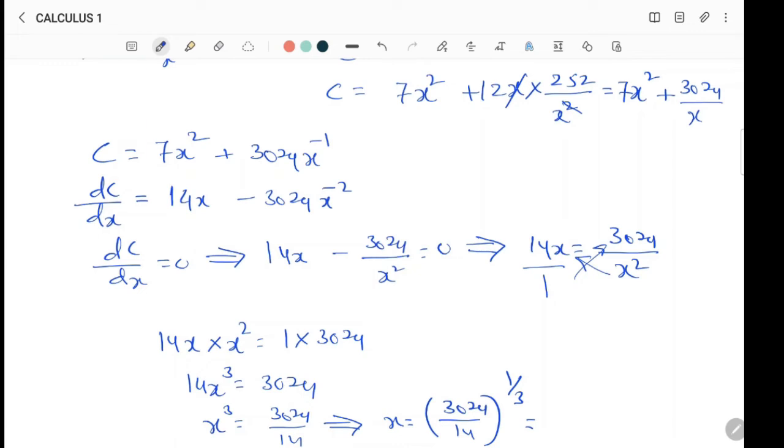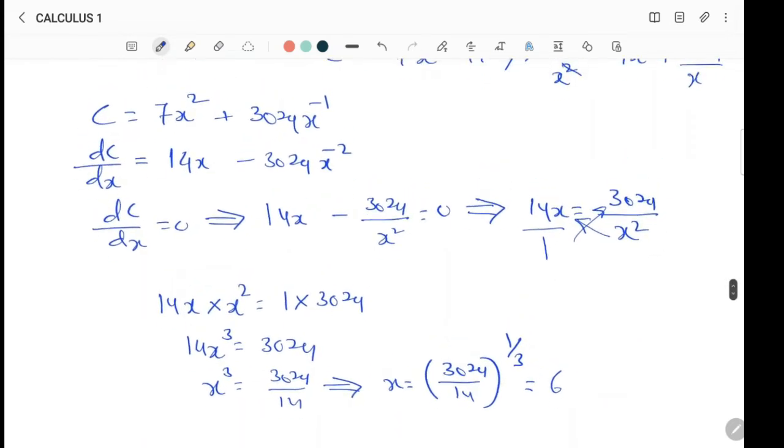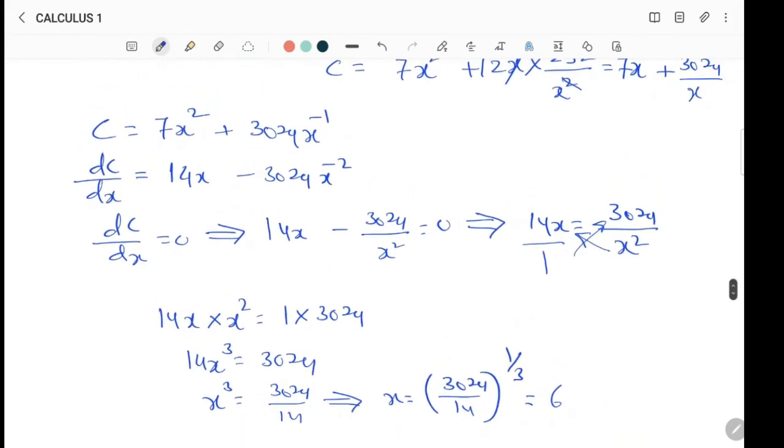Okay, now let's do 3024 over 14 to the power 1 over 3. That is 6. Great, it's a very good number. So x equals 6 I got, but I have to check whether it's minimum or maximum.